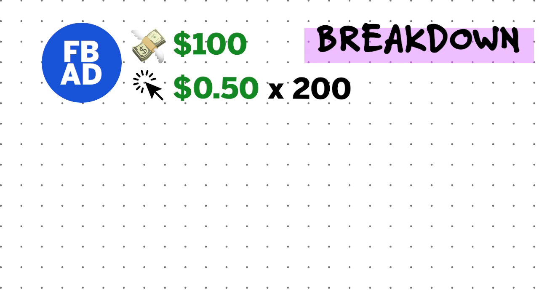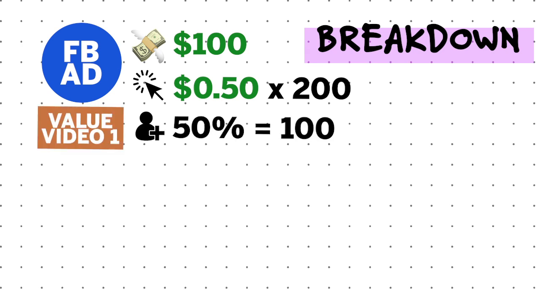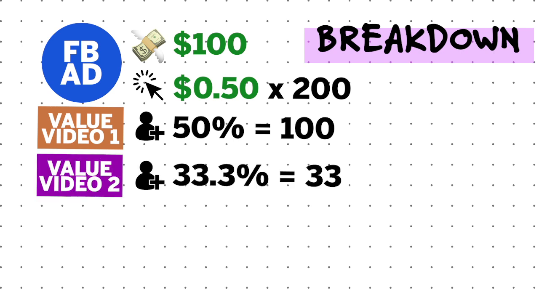If you had a decent opt-in rate, which was 50%, you have 100 people landing onto value video 1. It also means that out of 100 people watching it, if your link and bridge to your second video was good, you would have approximately 1/3 of the people going on to the next page, which means about 33 people.